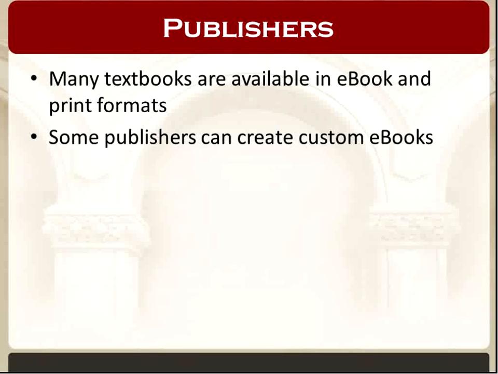You can also get those printed, and they can't sell them back because they've been customized. But if you want to use content from 4 or 5 different sources, rather than asking students to purchase 4 or 5 different books, you can combine them to create a custom text, either as a print book or as an ebook.